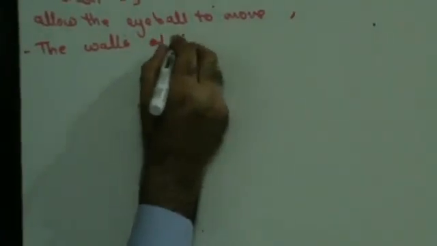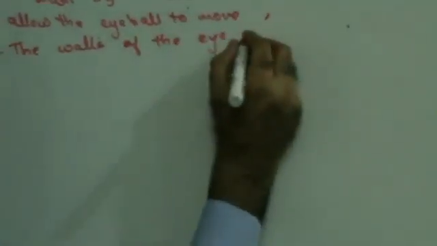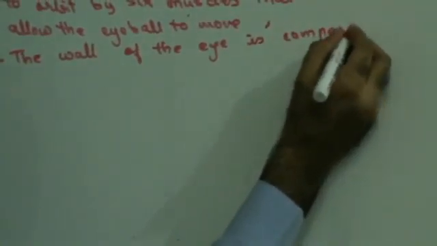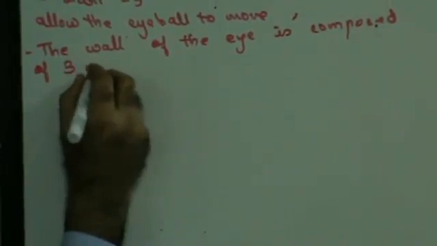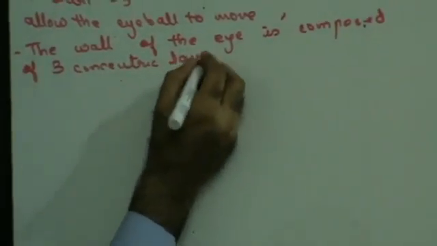So I can say that the wall of the eye is composed of 3 concentric layers.